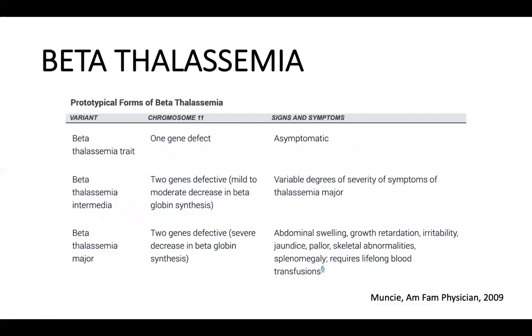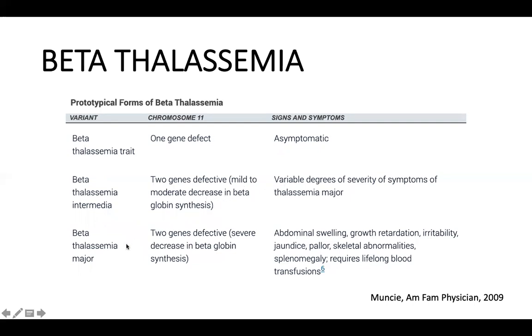Next slide. So this is, again, just a review. Beta thalassemia trait is just a 1 gene mutation. It's usually asymptomatic. Beta thalassemia intermediate is a 2 gene defect, and it has mild to moderate decreased beta globin synthesis, and the symptoms are variable.